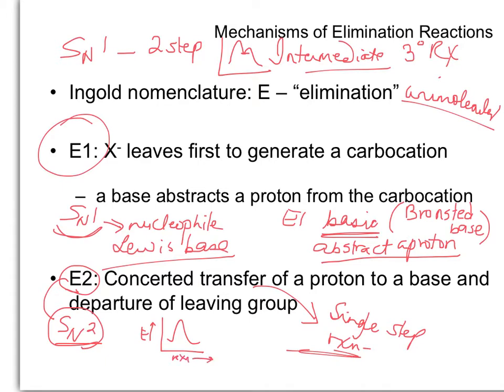E1, on the other hand, is very similar to SN1. It goes through the carbocation, a two-step process, unimolecular, of course, and the carbocation will have to be formed. So tertiary systems will have competing SN1 and E1 reactions, whereas primary systems would usually have an SN2 or E2 type of reaction mechanism.